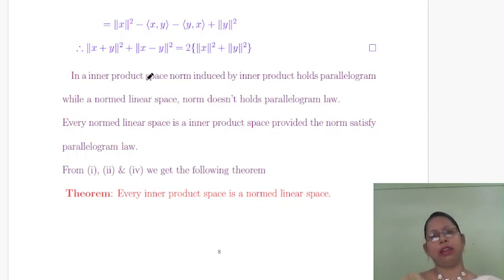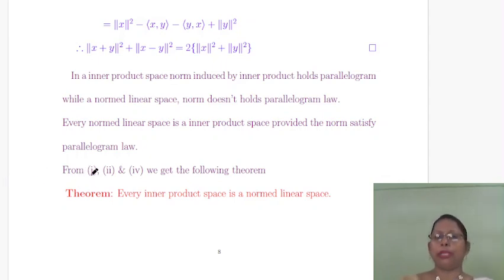That is, in an inner product space, the norm induced by the inner product holds the parallelogram law, whereas in a normed linear space the norm need not hold the parallelogram law. That means a normed linear space is an inner product space provided its norm satisfies the parallelogram law.